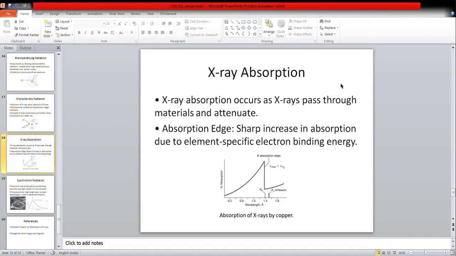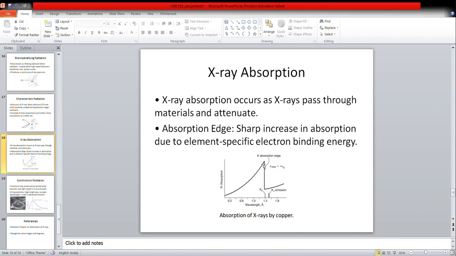X-ray absorption. Now, X-ray absorption occurs as these X-rays pass through materials. When they pass through these materials, they tend to attenuate. There is an increase in absorption due to element-specific electron binding energy.